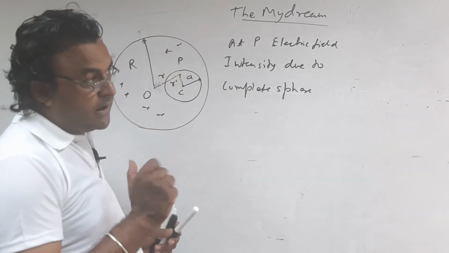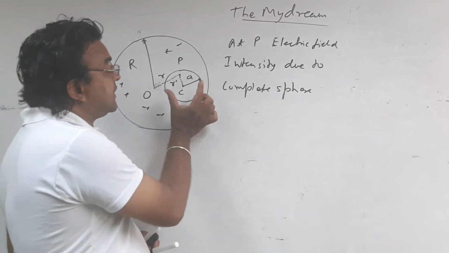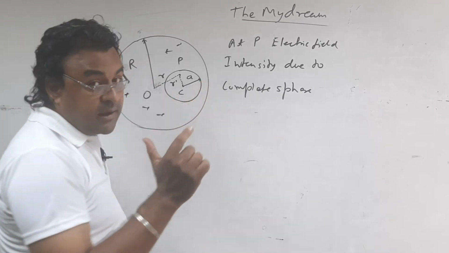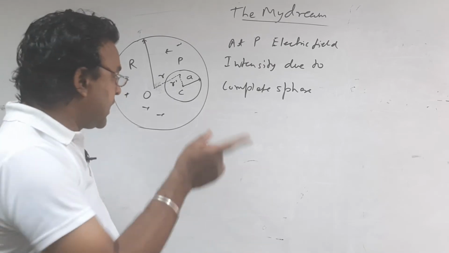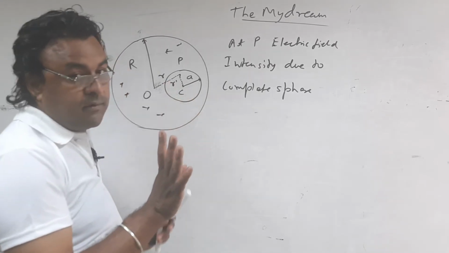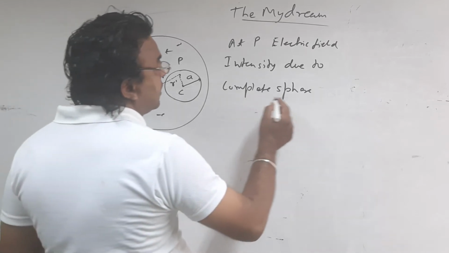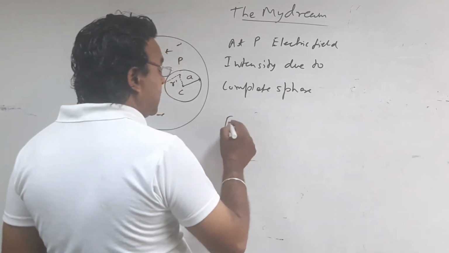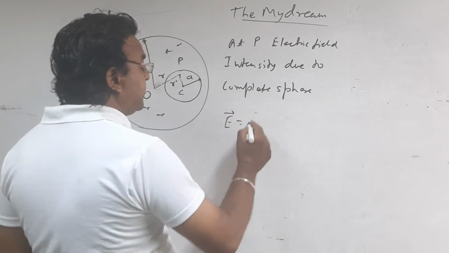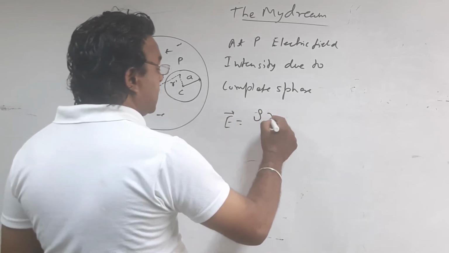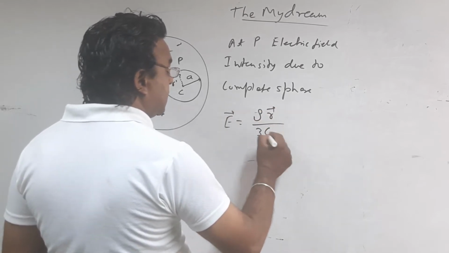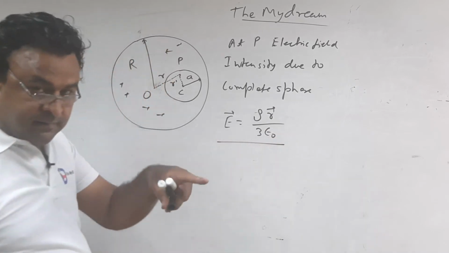Now to make the cavity I can insert a sphere of radius a having negative charge. Negative charge will cancel out positive charge and we will have a cavity there. So first, due to the complete sphere, E is equal to rho r upon 3 epsilon naught, as I told the formula.